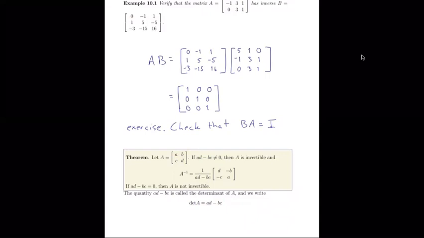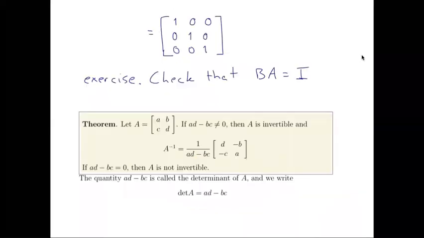We see that this formula looks more or less like the entries of A itself. Now, what happens is we flip along the diagonal, so a and d swap positions and keep their signs, and we just change the signs of b and c. It's kind of a pretty easy formula to commit to memory. Swap along the main diagonal and negate the off diagonal.